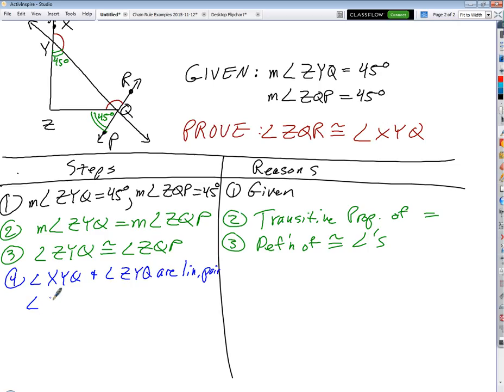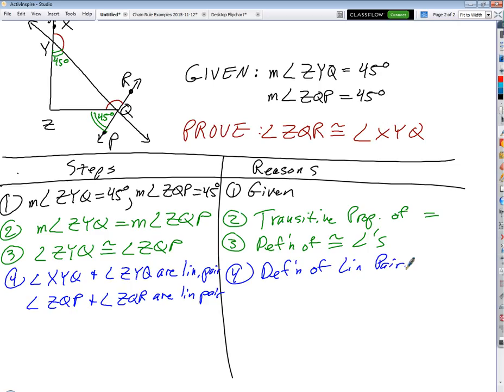Good. Angle ZQP and angle ZQR. What's my reason for that? Definition of a linear pair, right? Okay, so if they're a linear pair, then what about them? They're supplementary. There you go.